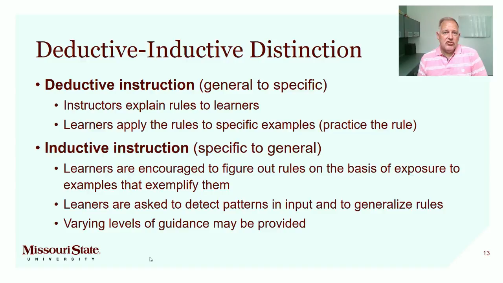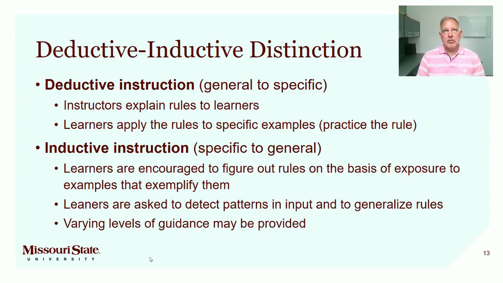Another important distinction you'll find in the literature and in teaching in general is this distinction between deductive and inductive teaching techniques. Okay. So what is meant by deductive instruction? Deductive reasoning is reasoning that goes from general, right, principles to specific examples. So in language teaching, in deductive instruction, right, instructors explain the rules to learners, right?